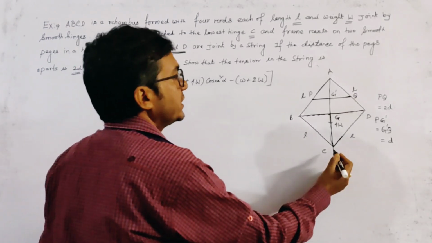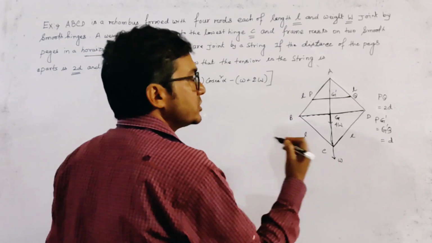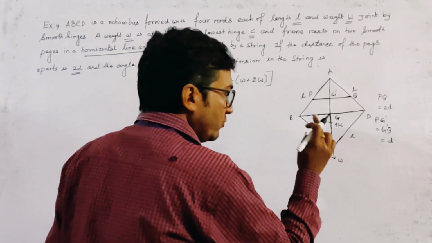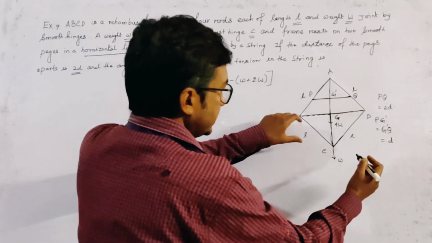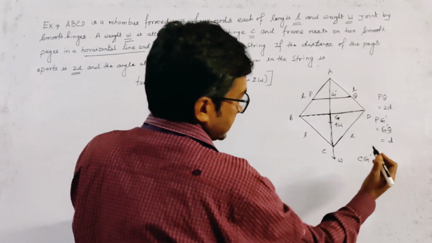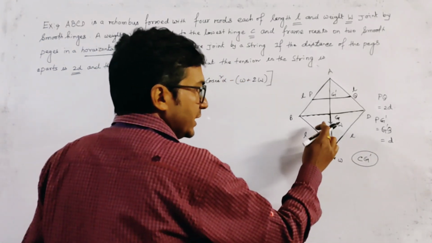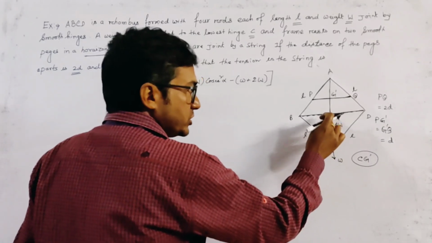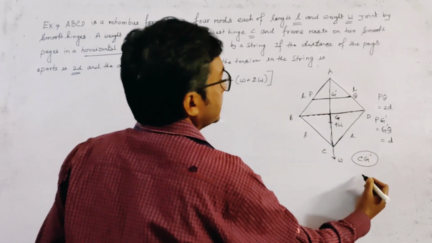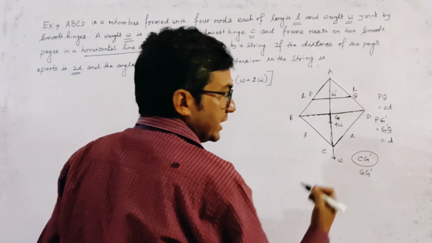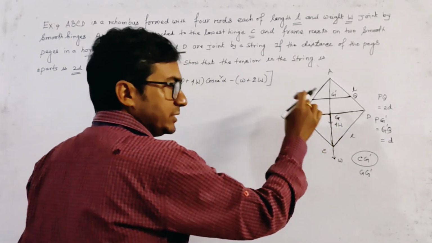The first force is the weight w through C, so we have to find the length CG dash. This is the first length we have to determine. The second length: 4W acts through G, so we have to determine GG dash. This is the depth of G.